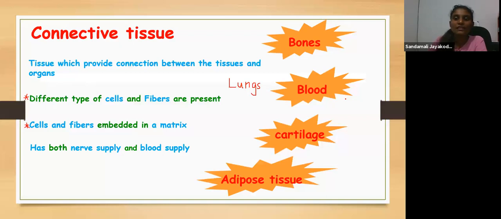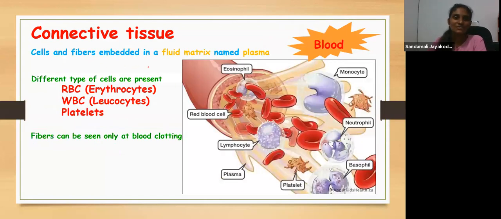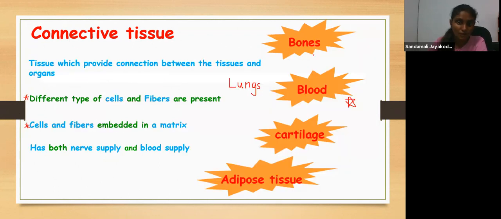Then we are going to discuss this connective tissue, which is named blood. It's a special connective tissue because it has a fluid matrix. Bones, cartilage, and adipose tissue are not liquid. They are very strong, hard material.